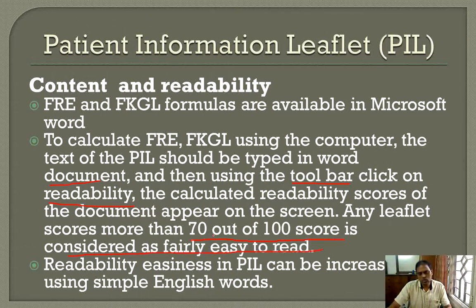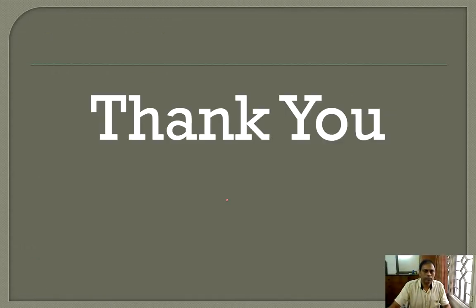If it scores between 70 to 100, it is considered good, it has good readability. So readability ease in a PIL can be increased. You can get more and more score by using simple English words. The more simple words there are, the more the readability will increase.